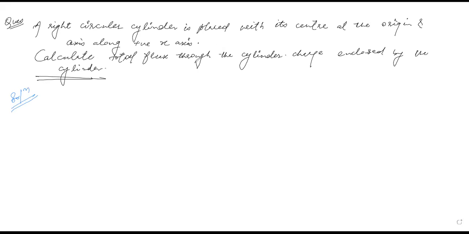Yes, sir. Okay, good. Now it is saying that a right circular cylinder is placed with its center at the origin and axis along the positive x-axis. Are you clear?